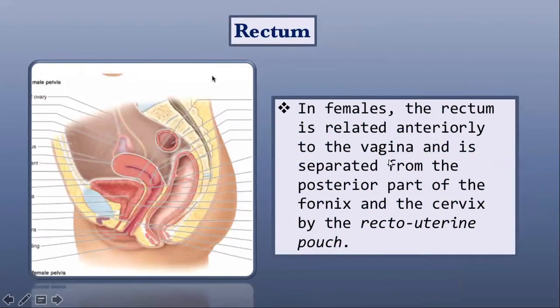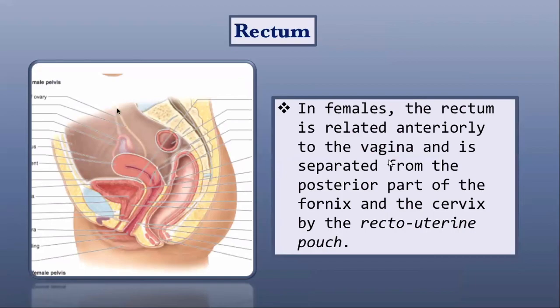In females, the rectum is related anteriorly to your vagina, separated from it by the fornix and the so-called recto-uterine pouch. That corresponds to the lowermost part of your peritoneal cavity. That's also the pouch of Douglas.